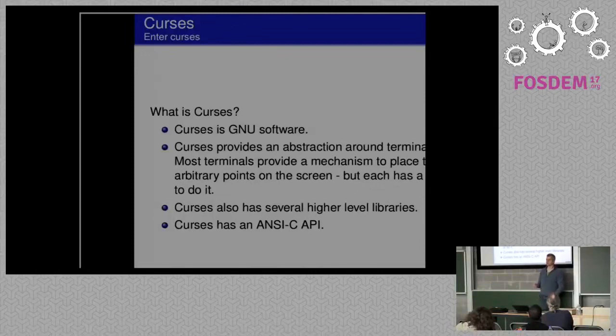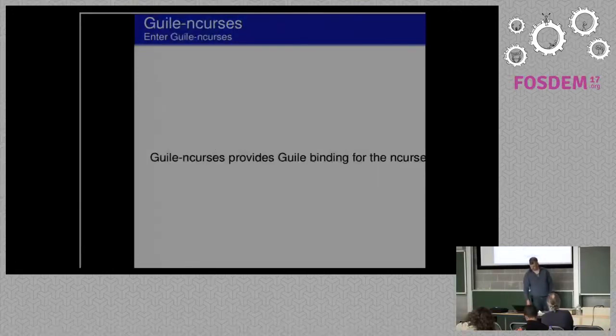So there is a common way to, for example, draw a box on the screen, or move the cursor to position XY on the screen, etc. It also has a couple of higher level libraries which I might talk about a little bit better, but the main curses library is a C API.